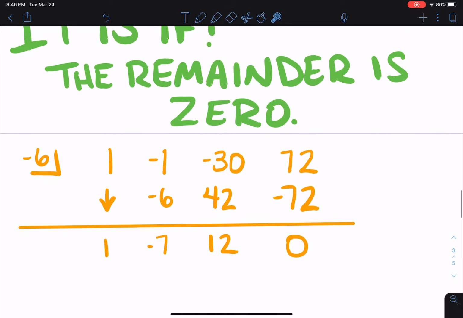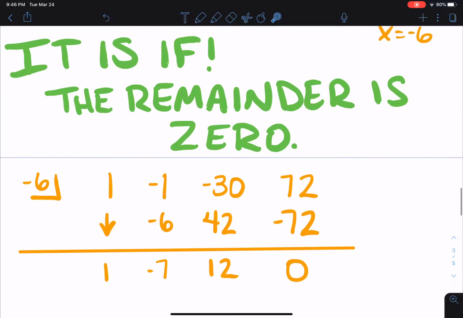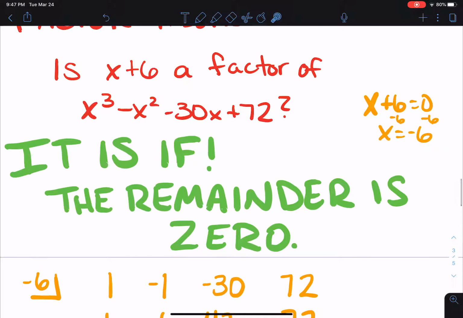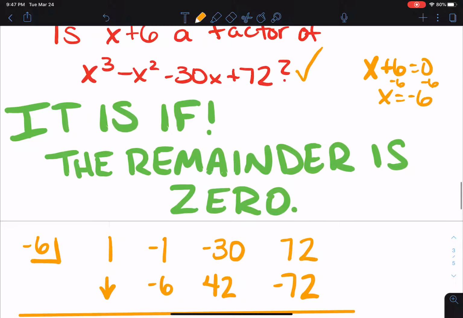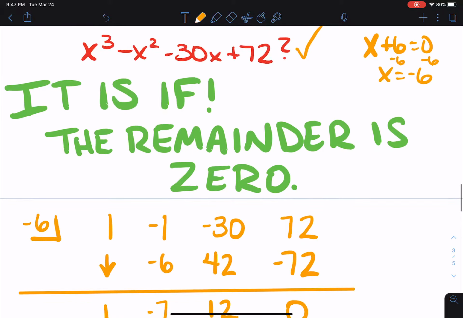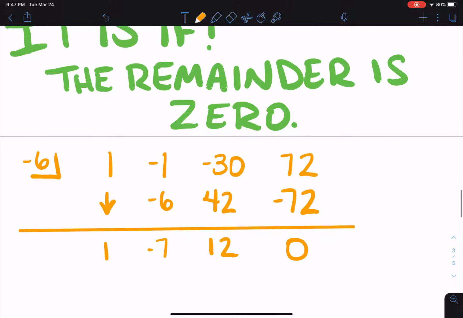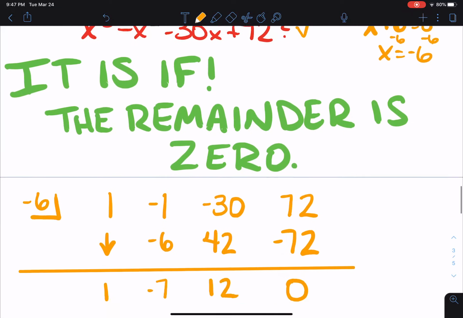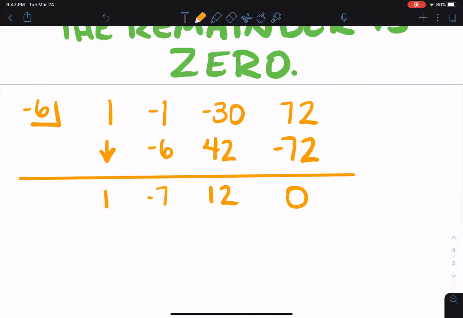So since this is equal to 0, whenever our remainder is equal to 0, x plus 6 is a factor of x cubed minus x squared minus 30x plus 72. Okay, so now we can see what that breaks down into by rewriting this.